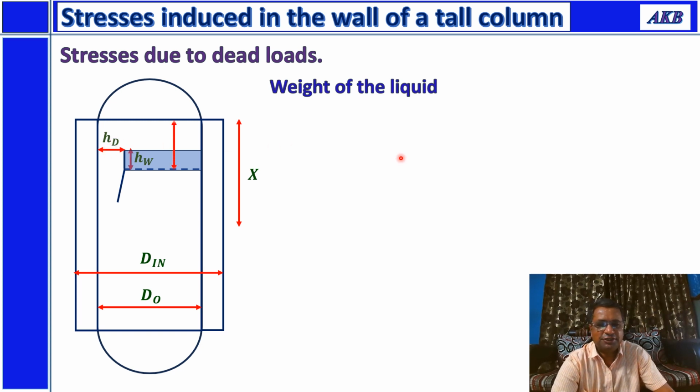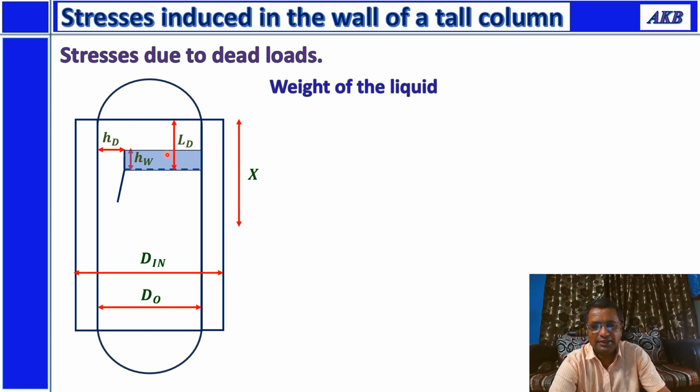That distance is hd. One more thing that we will be considering is this distance, which is called the top disengaging space. In this column, this is the topmost tray. Above this tray there is a certain space provided, and we are calling that the top disengaging space.